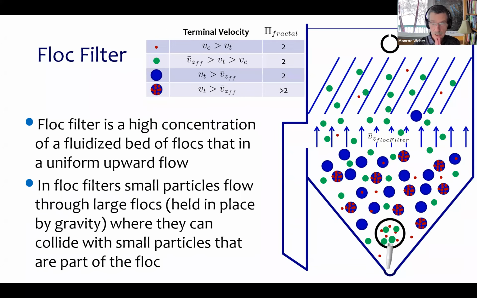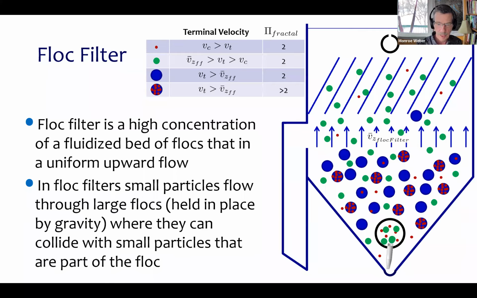Okay, so now let's talk a little bit about what's going on in the floc filter. The floc filter is a high concentration fluidized bed of flocs in a uniform upward flow. The water is coming up, and that's keeping all these flocs in suspension. In floc filters, small particles flow through the large flocs. There's a large floc, and small particles actually flow right through it.